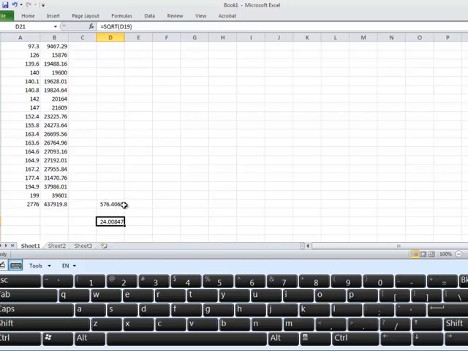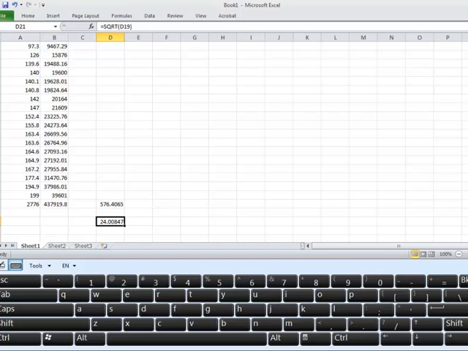So this is the sample variance, 576.4, and the standard deviation is 24.0. That's what I'm going to use, 24.0, because all the densities are given with one decimal point, so I will just round to the first decimal point.